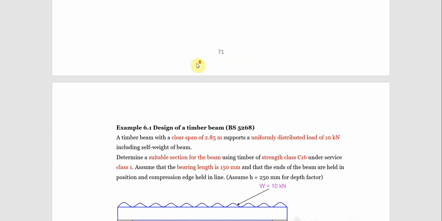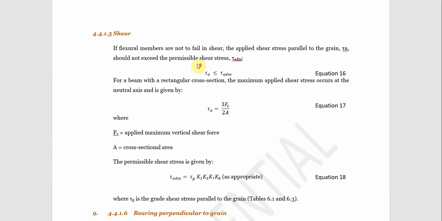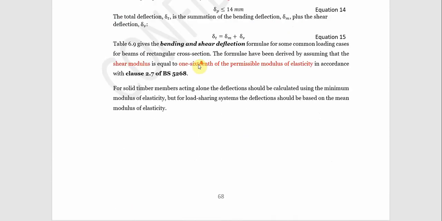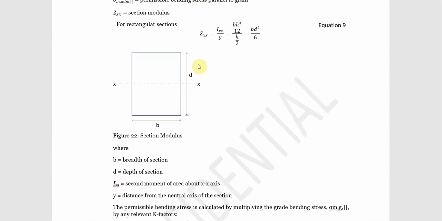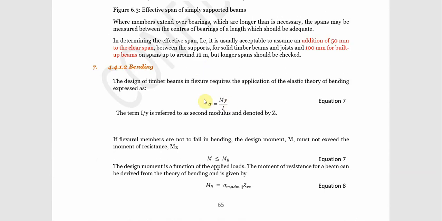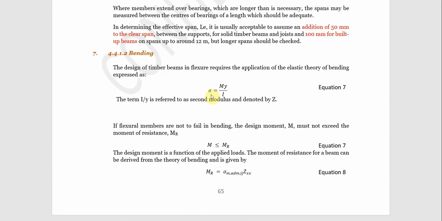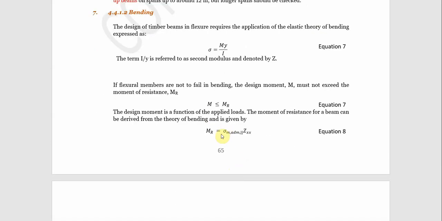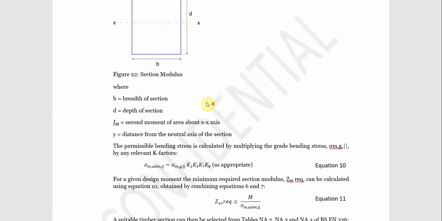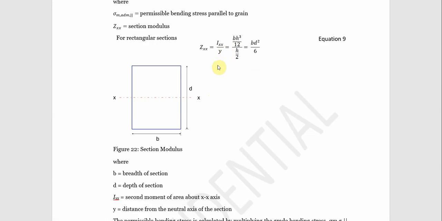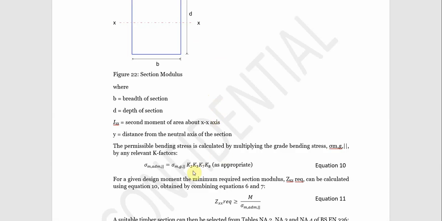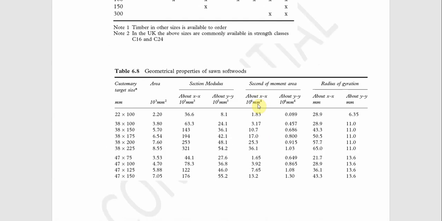So if you can recall from our notes the other time, after doing the calculation of sigma, the next thing is our design moment of resistance, and we said our Z will be equal to this over this, and then at the end of the day, we said we will check for permissible bending stress. This is what we want to incorporate in the calculation that we are doing.